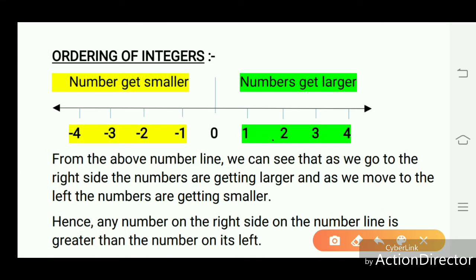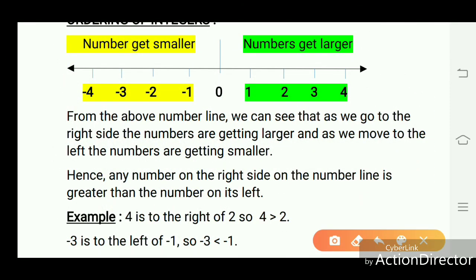Like for number 2, on the left hand side of 2 is number 1, and 1 is smaller than 2, and 3 is greater than 2 because it is on the right hand side.